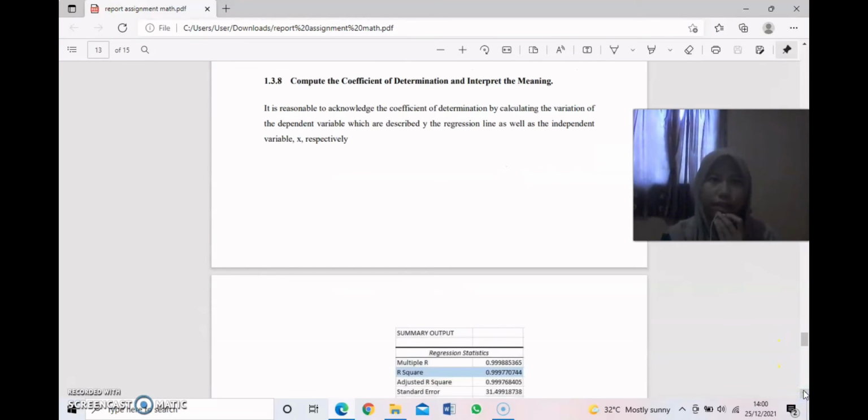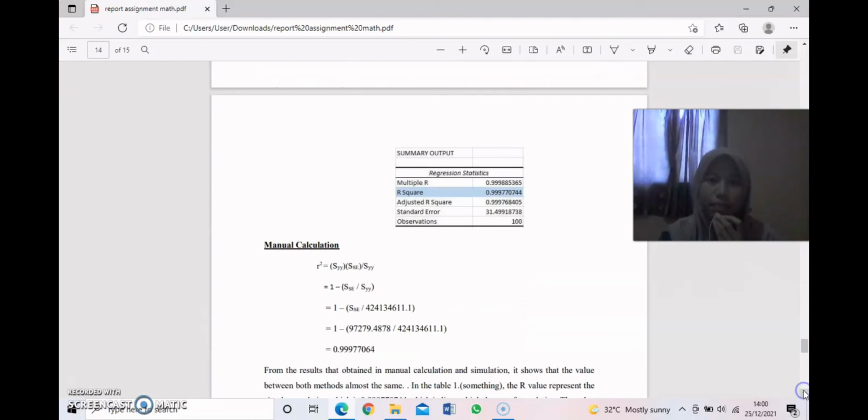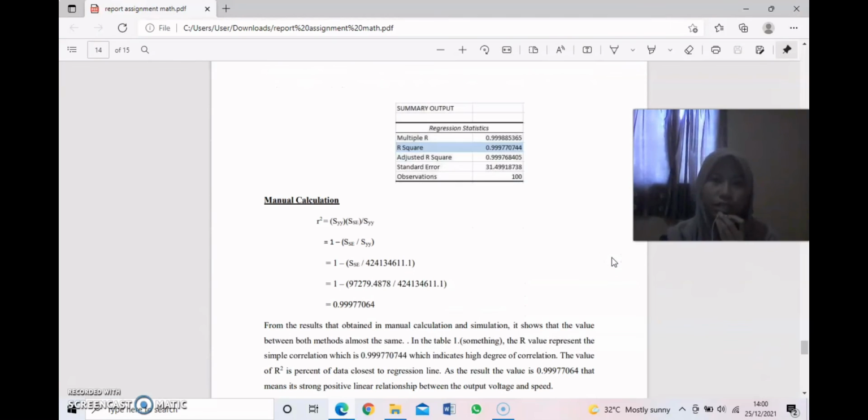Okay, next I would like to present how to compute the coefficient of determination and interpret the meaning. In this part, I will show a comparison between simulation and manual calculation. Based on our data simulation, we get the value for R squared of 0.999770744. So we do the manual calculation, and this is the formula for R squared.